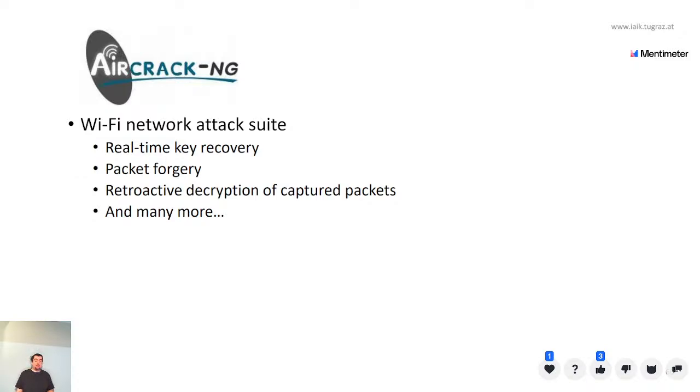It can forge packets if you have a key from arbitrary hosts. It can retroactively decrypt. That's another thing we discussed in the Wi-Fi part, where we said there's no perfect forward secrecy, so if you capture the encrypted data stream, and at any point in the future you find out the password, then you can now retroactively go back and just look at all the data, which is what forward secrecy is supposed to prevent.